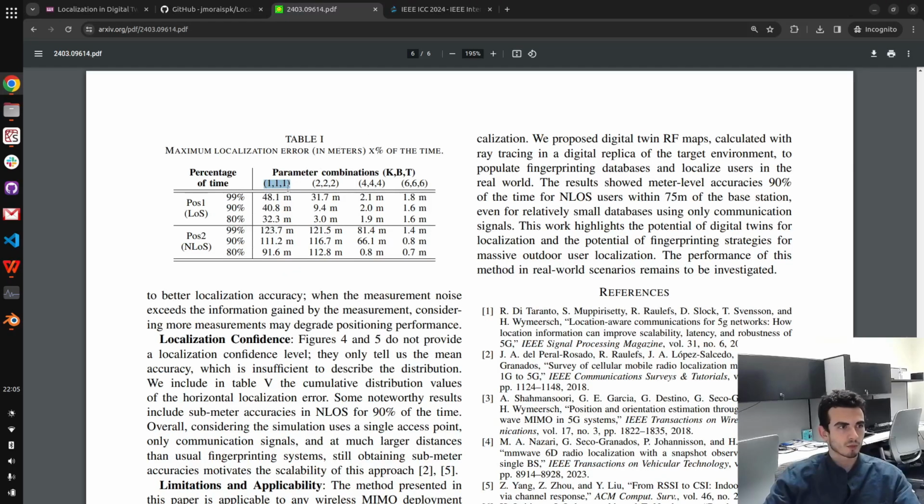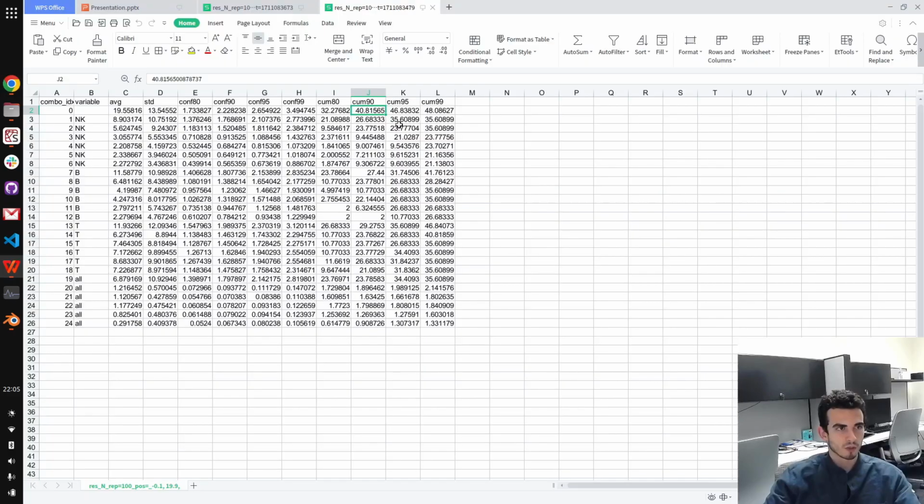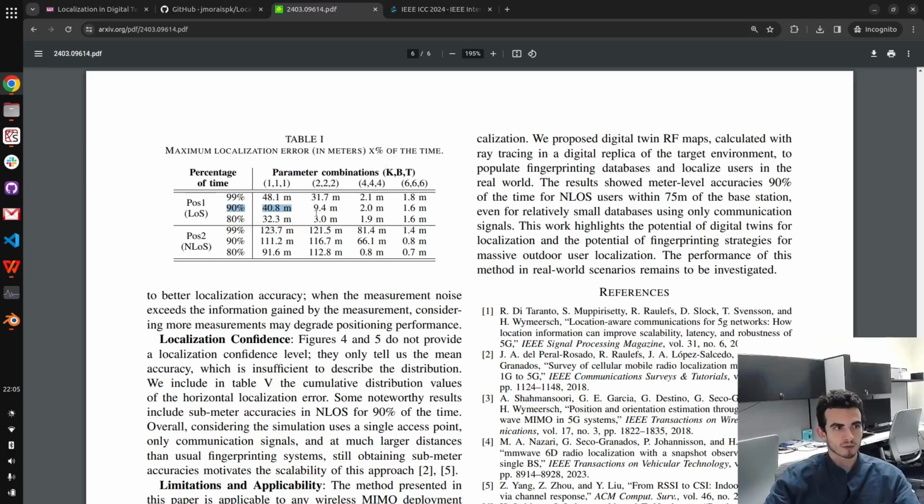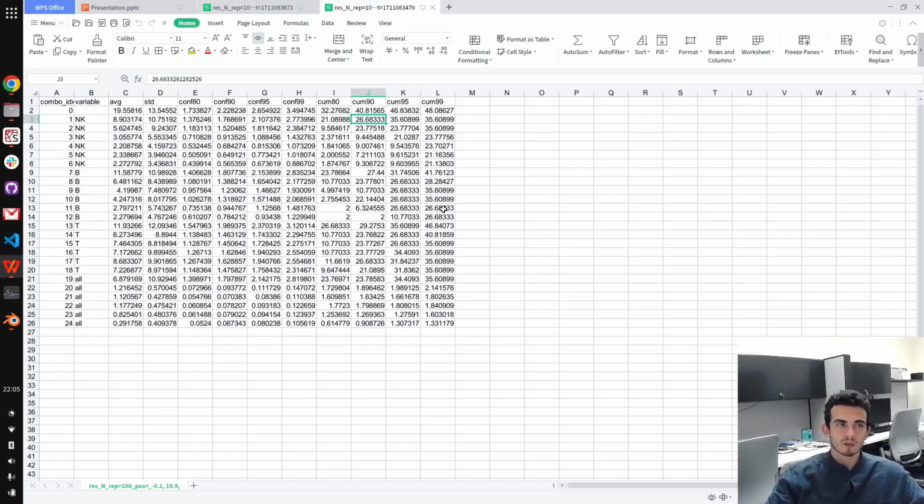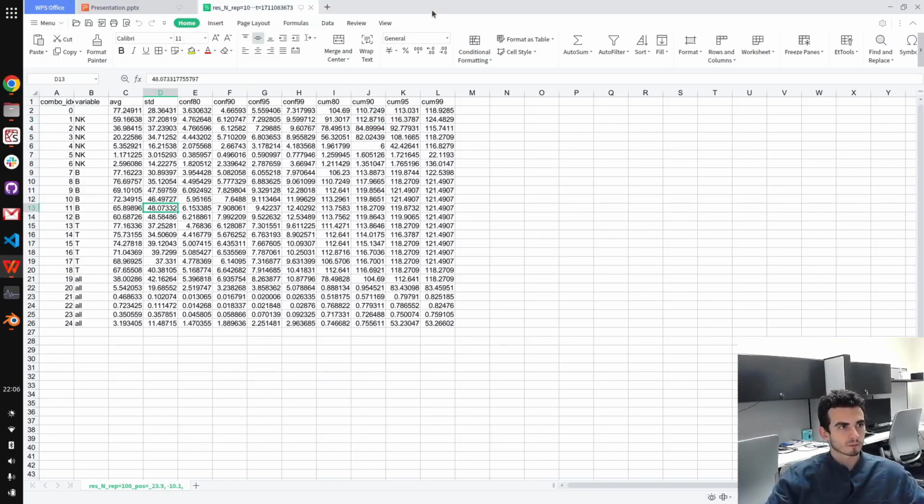And for 90%, we got around 40, well, actually right on spot. Even with 100 samples, we got already very good accuracy sometimes. So this is how we made the table, just copying values from the right places.